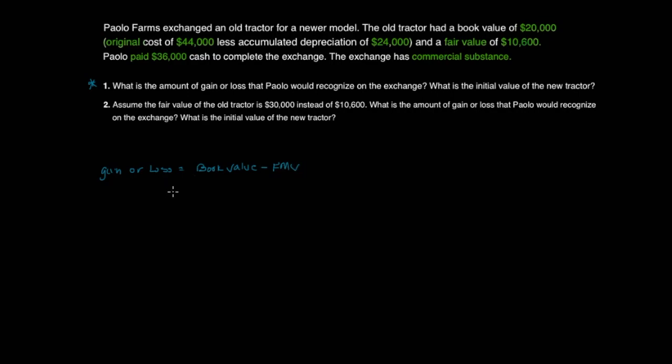Okay, so first we're going to go up and find the book value, and that is $20,000 here. It reads the old tractor had a book value of $20,000. It goes on to say how it calculated that. So you take the original cost of $44,000, that's what he paid for it, less the accumulated depreciation of $24,000.